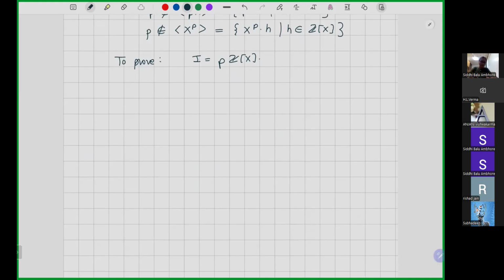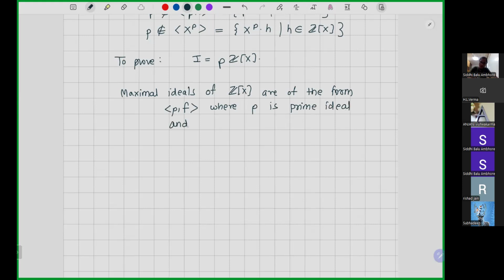Okay, so let me just tell you this one thing and you can check this: the maximal ideals of ZX are of the form P comma F, where P is a prime ideal and this F is irreducible in FPX.